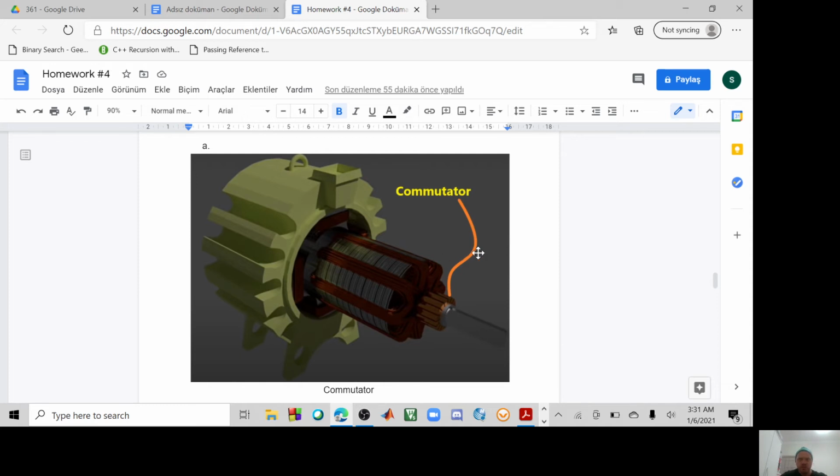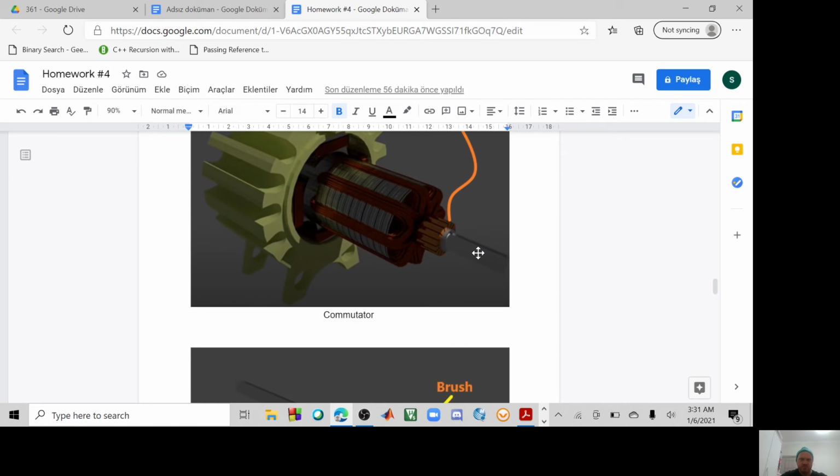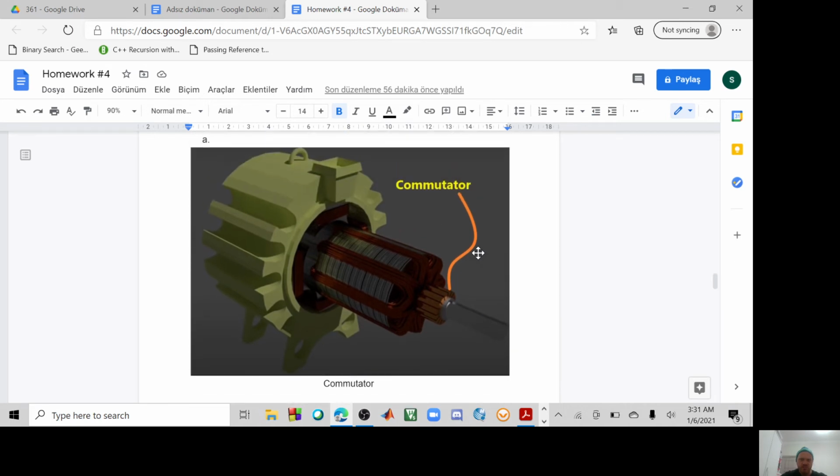Firstly, the function is to provide a path for power to enter or leave the rotor winding. And the second function of the commutator is to switch the direction of the current flow within the armature winding.